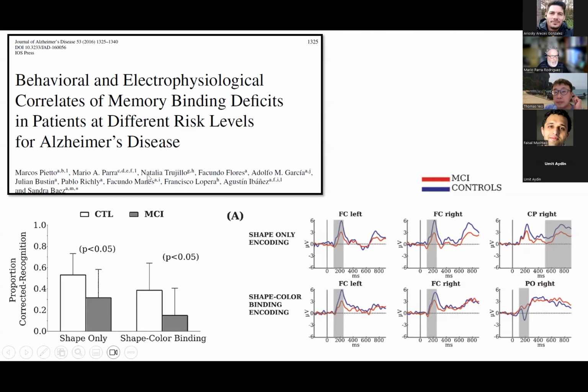So what we see now in patients with mild cognitive impairment of the sporadic type, older people with mild cognitive impairment, is that they show a significant deficit in this memory binding ability, and this deficit is accompanied by a significant reduction in neural recruitment, in these oscillations or ERP activity associated to this task in frontocentral, but also in parietal occipital regions, indicating that this drop in performance is now underpinned by a reduction in the neural resources available.